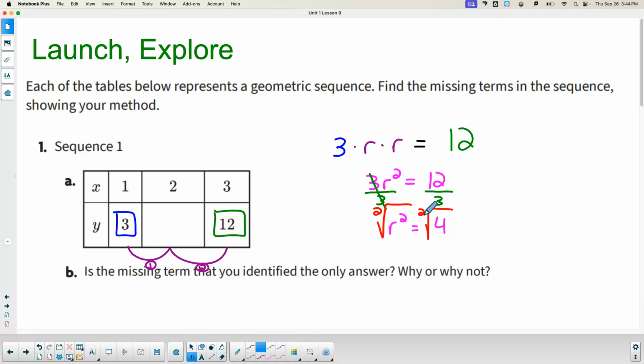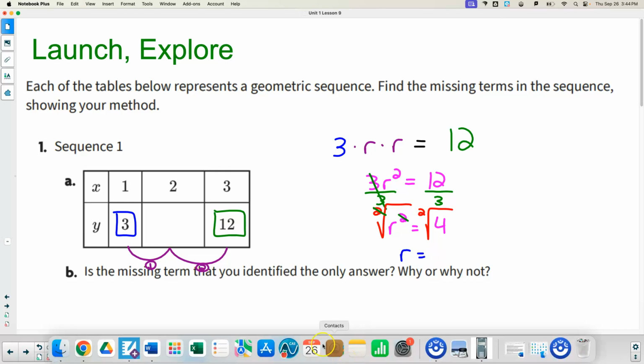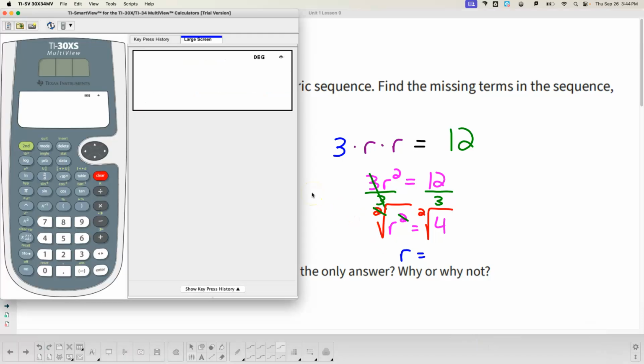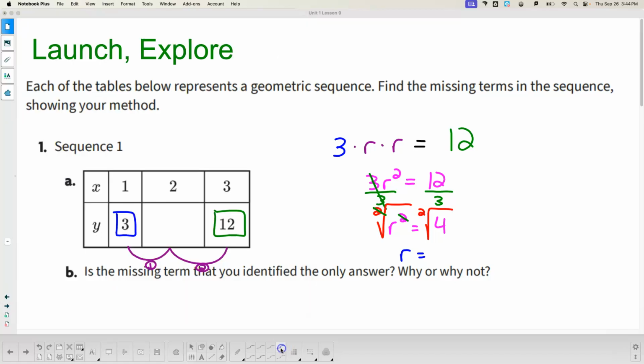The square root cancels out the squared and leaves me just with r. And the square root of 4 is 2. So the answer here is 2.